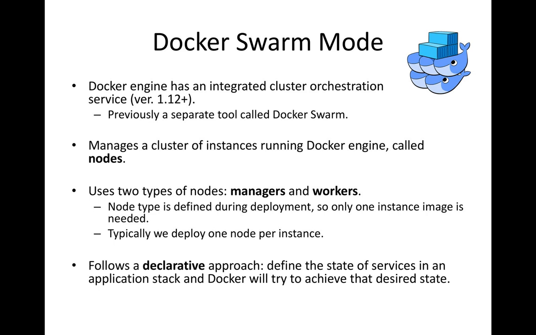And what Docker Swarm mode allows you to do is create a cluster of instances that are all running the Docker engine. And each of these instances are called cluster nodes. There are two different types of nodes that you can create in a Docker Swarm cluster: manager nodes and worker nodes.